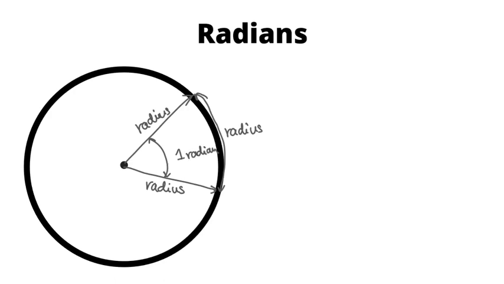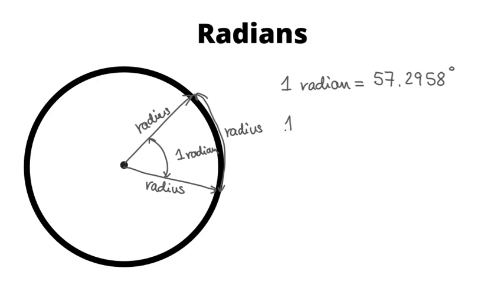So what does 1 radian equal in degrees? In degrees, 1 radian is equal to approximately 57.2958 degrees.